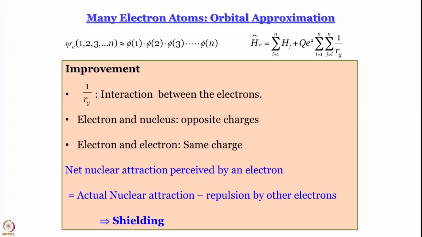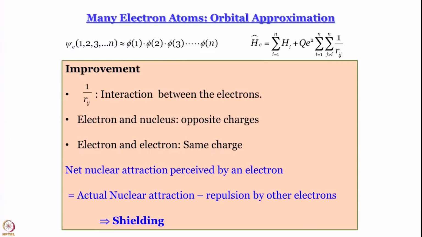Shielding, everybody knows what a shield is, isn't it? When we were kids, Star Trek and all used to be very popular, and there you would hear these people going out into outer space screaming that the shield is down to 50%, shield is down to 20%, it is a protective layer. So what we are saying here is that each electron partially screens the nuclear charge for the other electron.